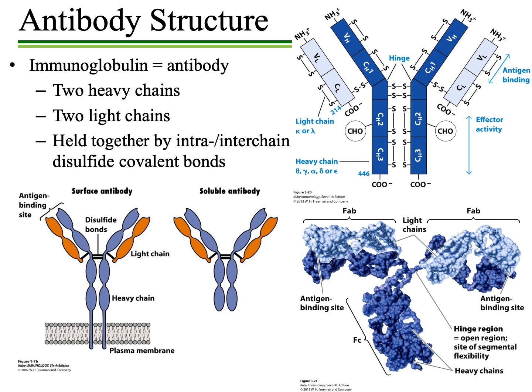In addition, if we look at the top right-hand corner, there's a little bit more detail associated with these structures. What you can see from this figure is there are regions that are labeled with the letter V, and this stands for variable, and these are portions of the antibody that can vary from antibody to antibody.